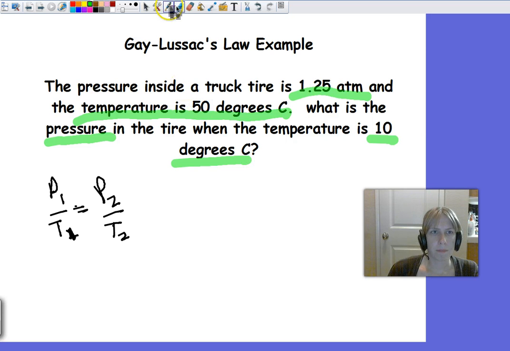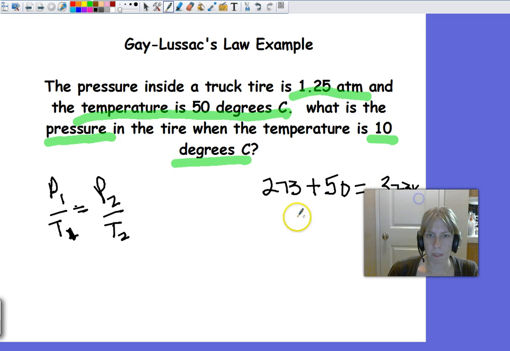Now, once again, we need to convert both our temperatures to Kelvin. So we have 273 plus our 50, and that's going to give us 323 Kelvin. And then we have our 10 degrees plus our 273, and that's going to give us 283 Kelvin. Alright, so now we can start putting in our values.